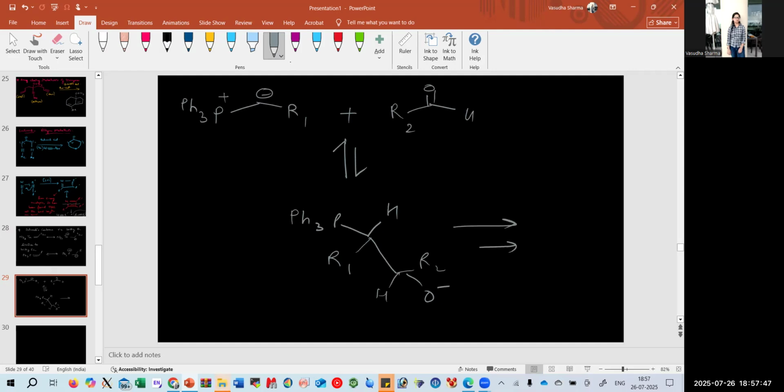So when it works, the PPh3 phosphine oxide will be released, and therefore it would form R1, R2, which is your olefin.